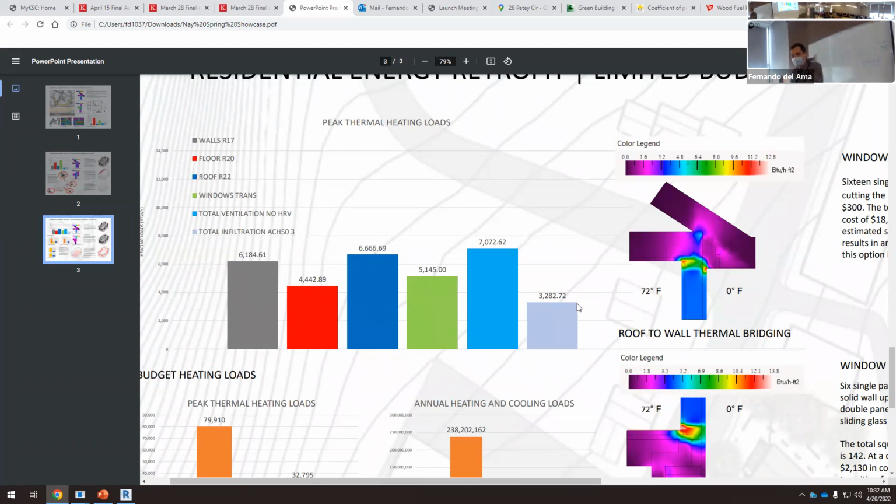So this is the peak thermal heating load that you have in your house. You add up the heat that you lose through the wall, through the roof, through the window, whatever. So this is the peak heating load. Now the energy. This is the daily energy.